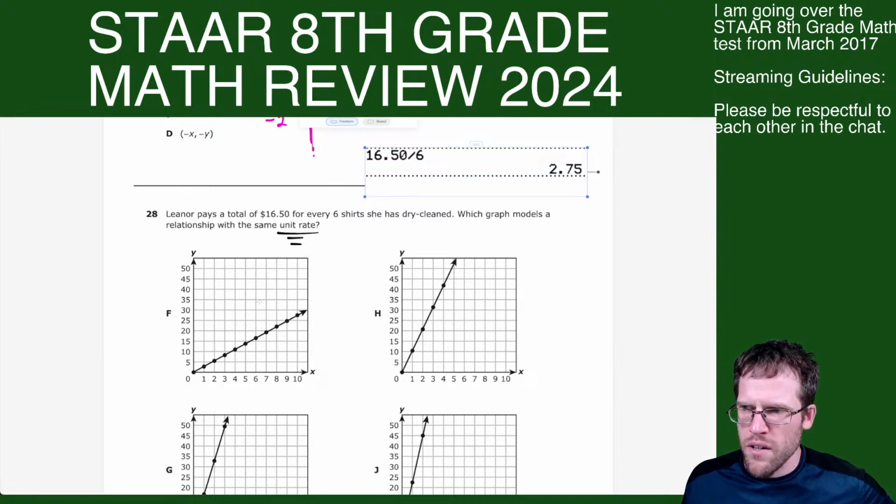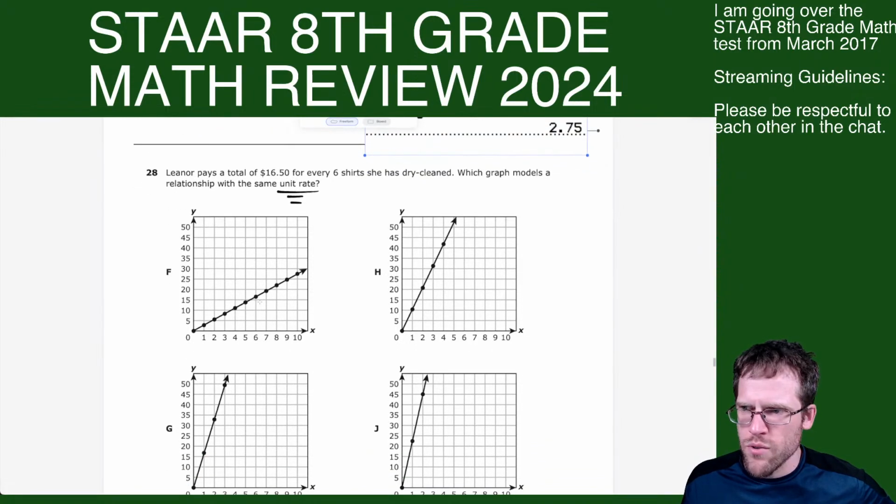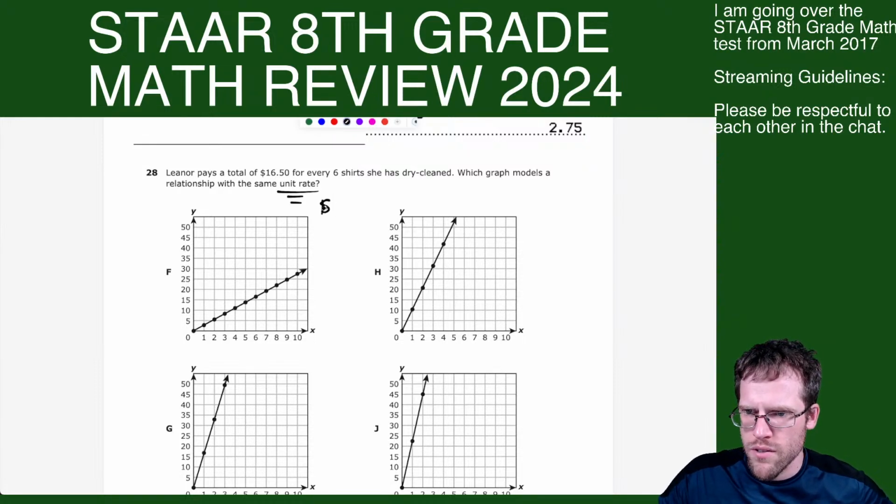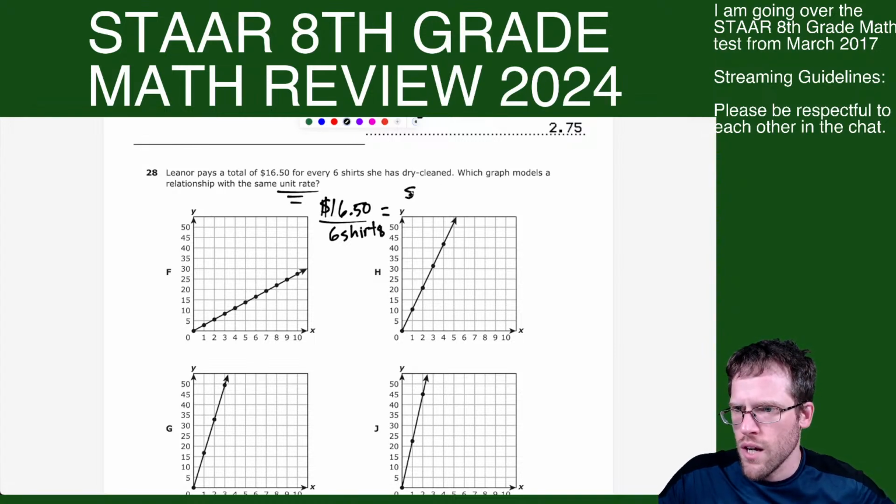So from here, if I look at the answer choices and think about what we just found, if it's $16.50 for 6 shirts, what we just found is that this is $2.75 for 1 shirt. Okay, this is basically us reducing this fraction.